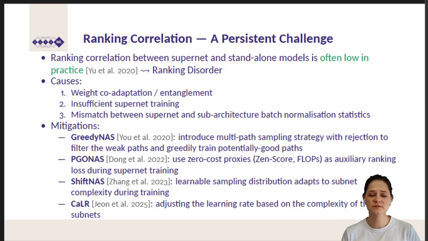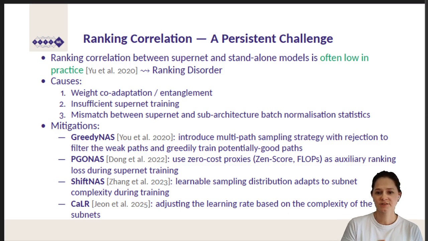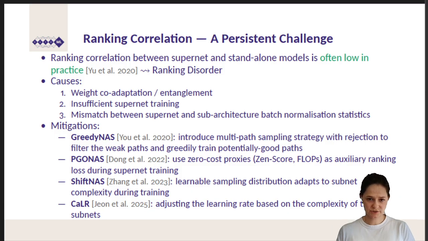But also here we have several mitigation strategies in the literature. For example, GreedyNAS introduces multipath sampling with a rejection filter for the weak paths, and greedily trains potentially good paths, so focusing on the good architectures and the good paths within the super network already during the SuperNet training.